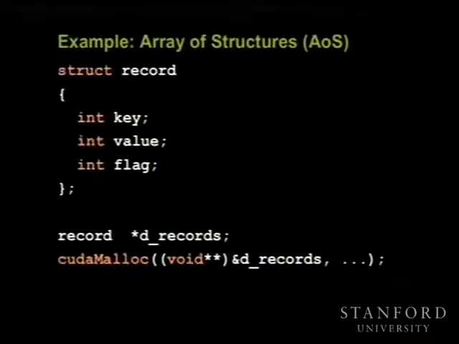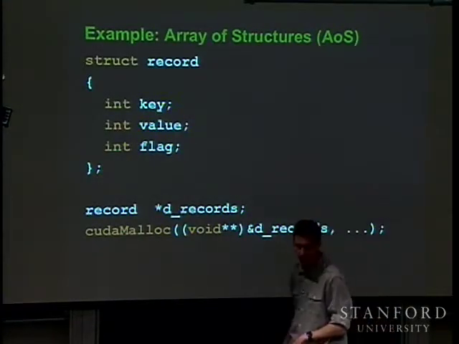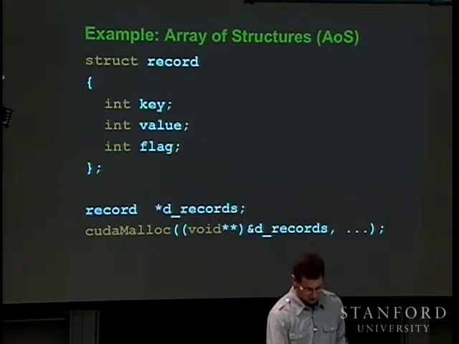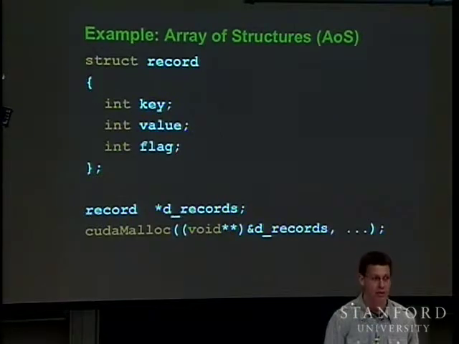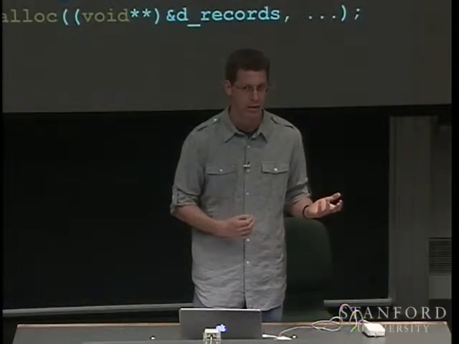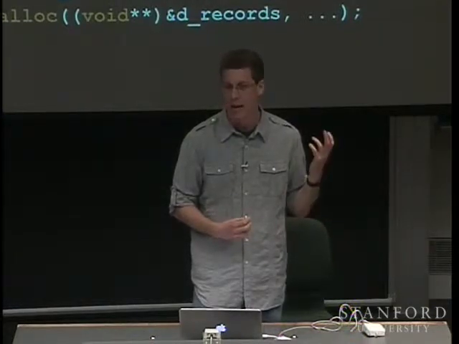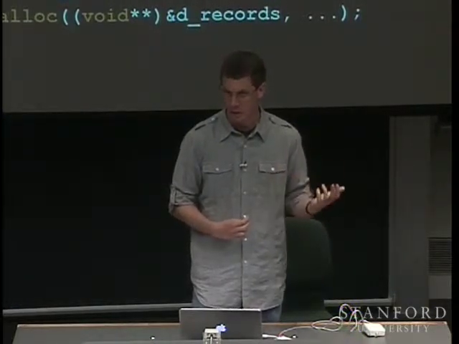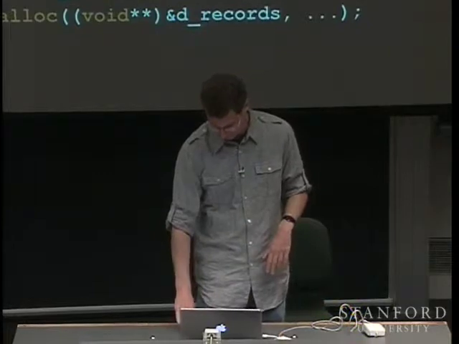So you port that to the GPU, you have the version of it on the GPU, and you cudaMalloc the appropriate size. If you access any particular value in that record struct, you're going to be effectively wasting 2/3 of your bandwidth.